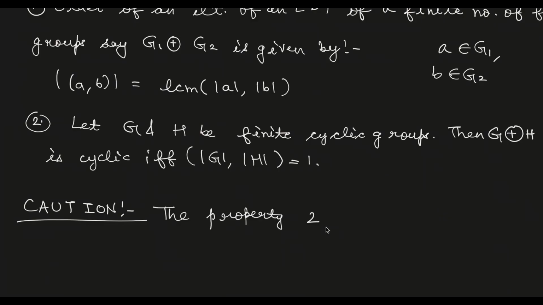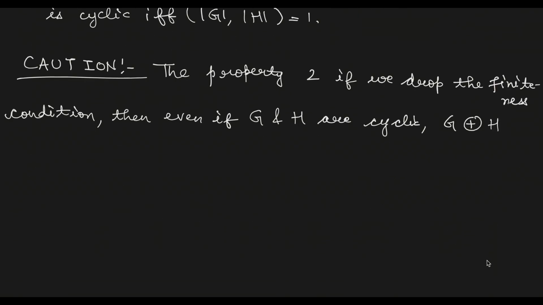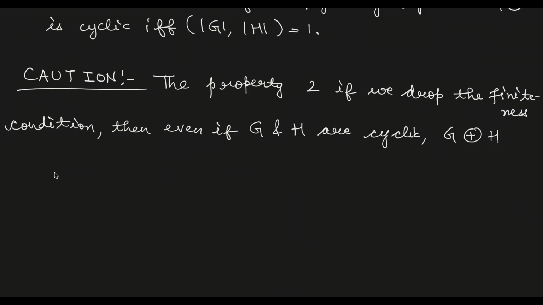If we drop the finiteness condition, then even if G and H are cyclic, G direct sum H need not be cyclic.